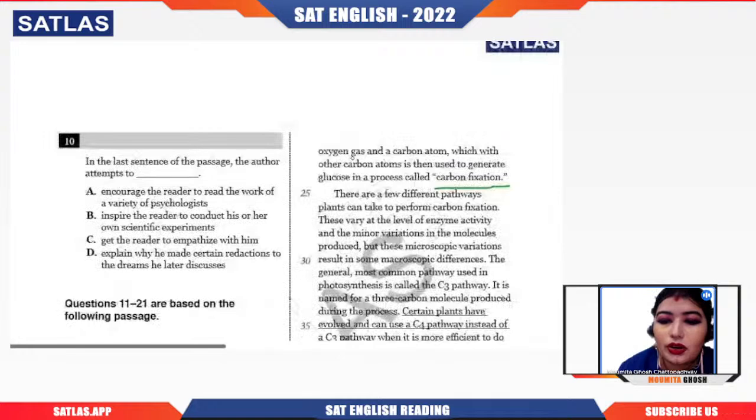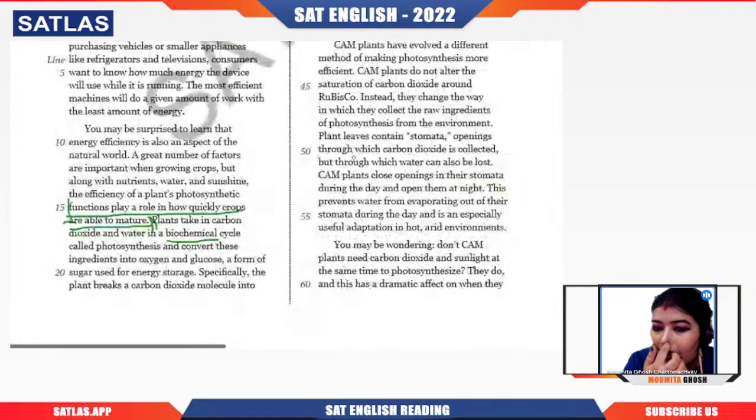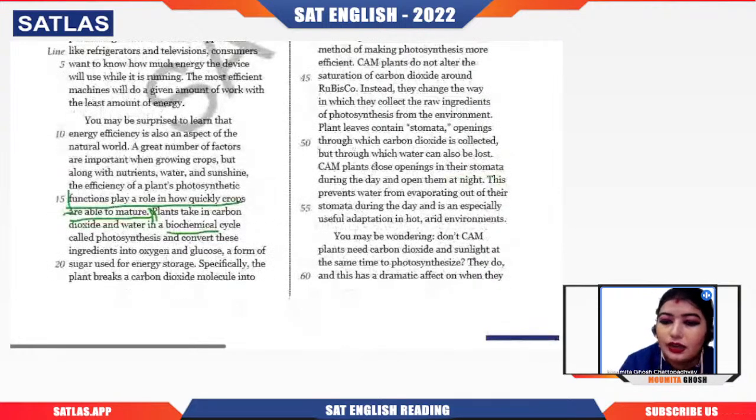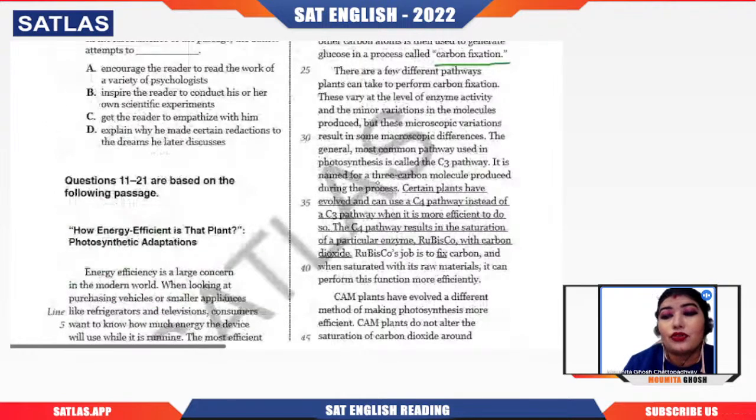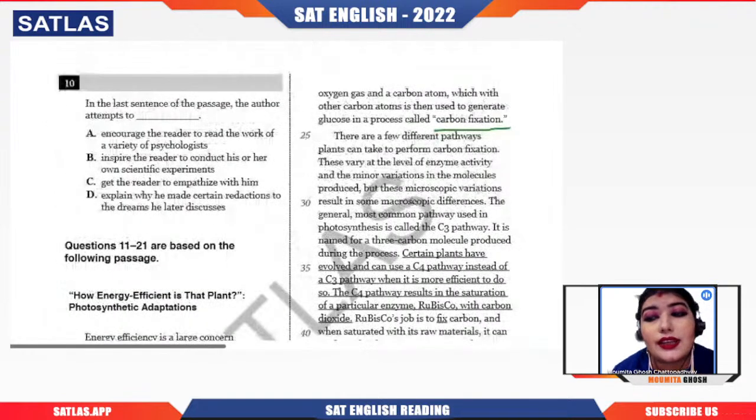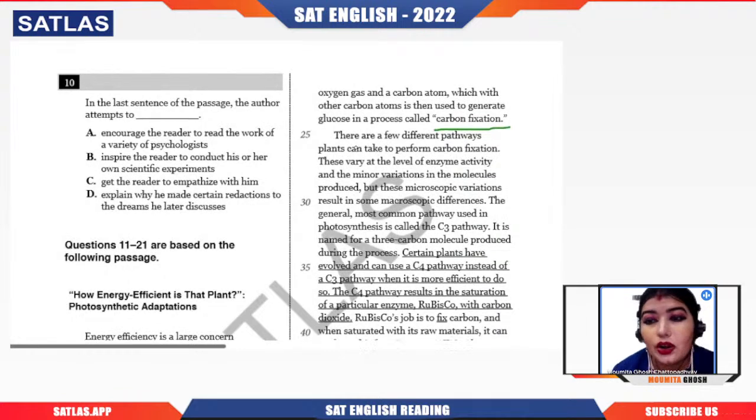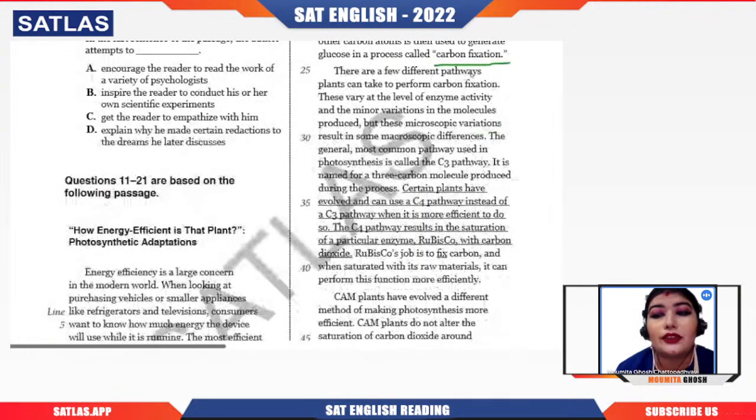Okay, so have you all got it that during the biochemical process of photosynthesis, oxygen gas and a carbon atom are generated, and glucose is also produced in the form of sugar as a form of energy. So this is known as carbon fixation. There are a few different pathways plants can take to perform carbon fixation.